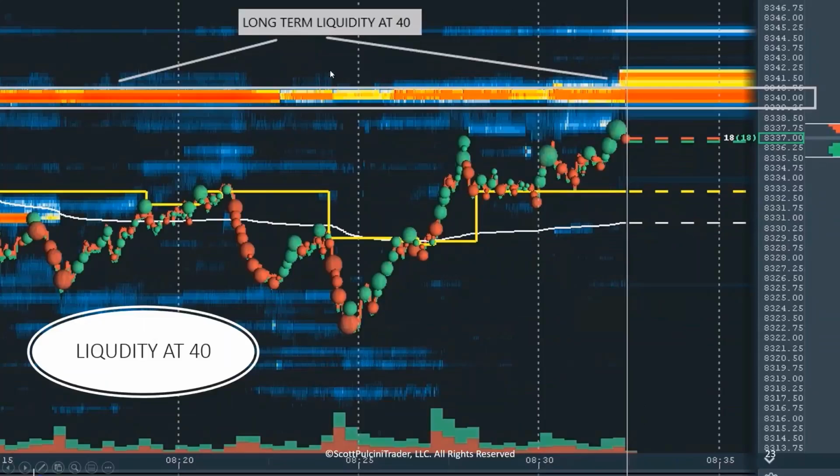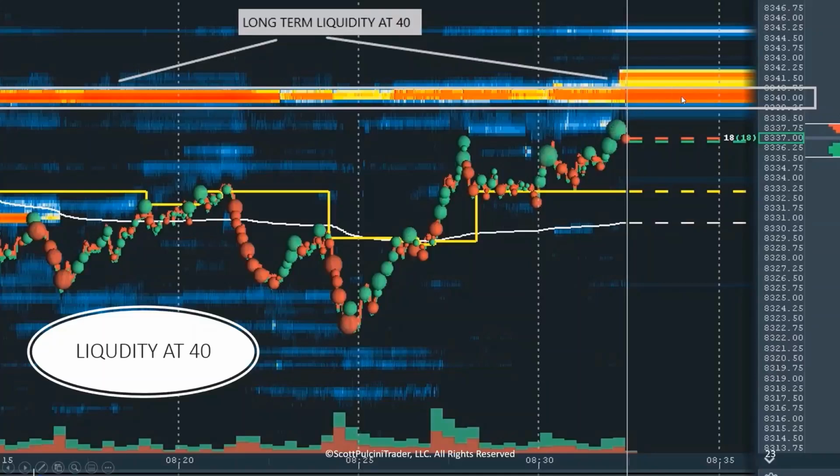Here we see a long-term liquidity at 40. Price wants to go higher and meet the liquidity, and you see that more orders are stacking at the 40. As the price approaches it, you'll see orders stacking on the ask at the 40 level, and it's very likely to provide a very strong resistance level, at least momentary.